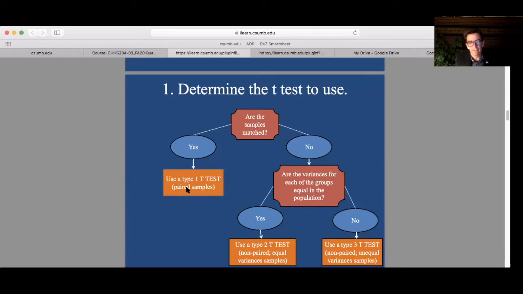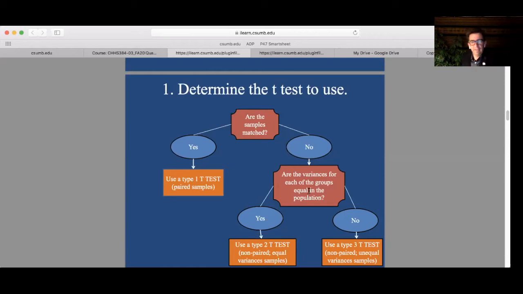If, on the other hand, the two groups are not matched, they are not the same person, then the samples are not matched, right? Like in this case, when we're comparing female and male students' GPA, the GPA for male students is not matched to that of the female students, so they are independent. Each of the groups are independent, so they're not matched. If you are dealing with a non-matched sample, then there is a small little detail there.